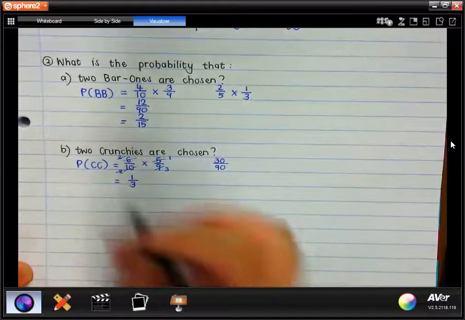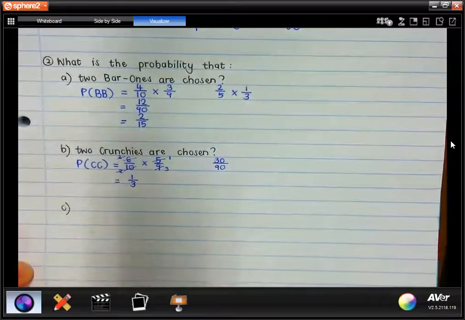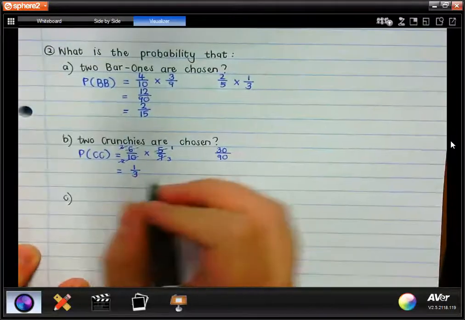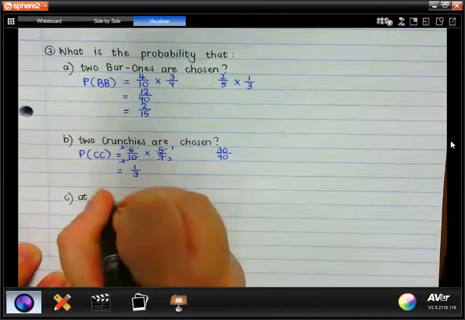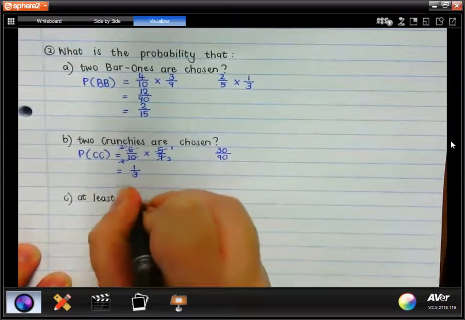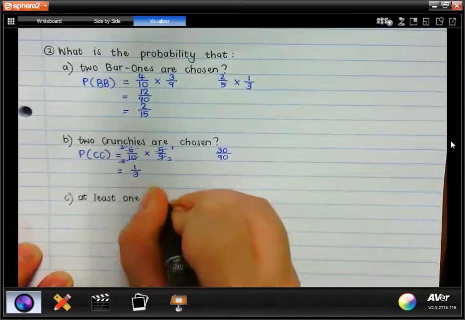Okay, now the third question. What is the probability that at least one bar 1 is chosen?